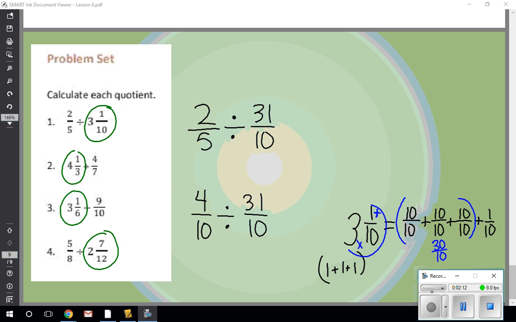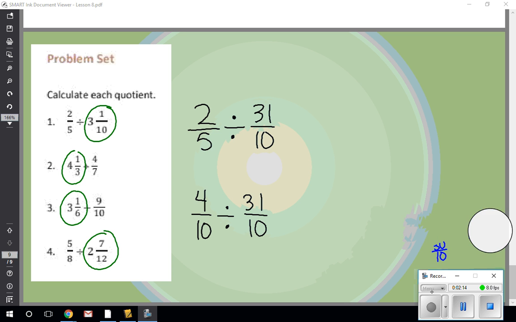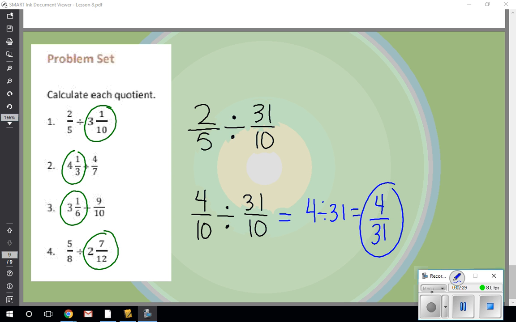And since I have that common denominator, I can just divide my numerators. 4 divided by 31 is 4 over 31. 4 over 31 would be my final answer.